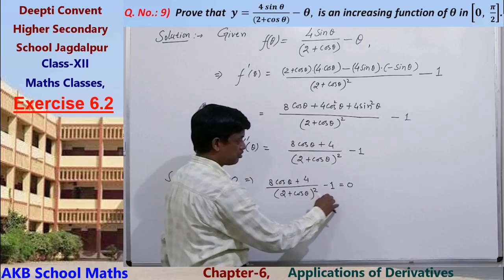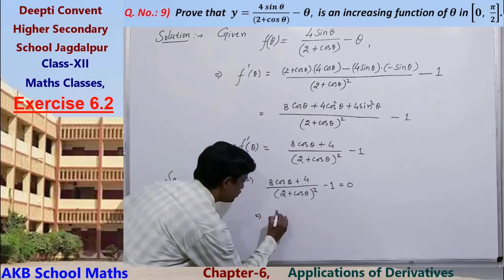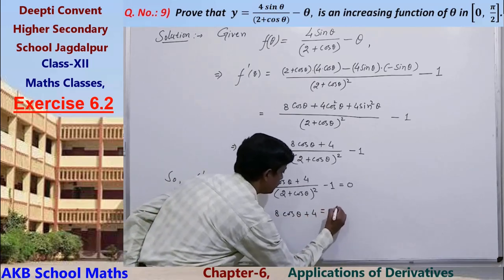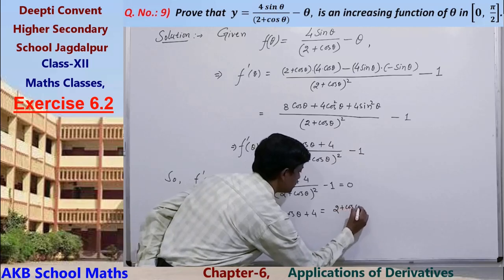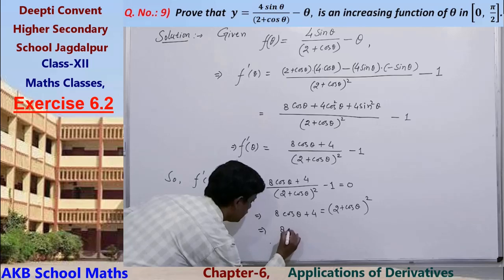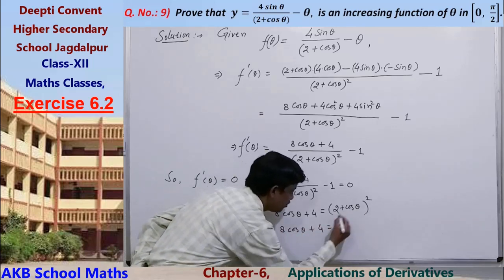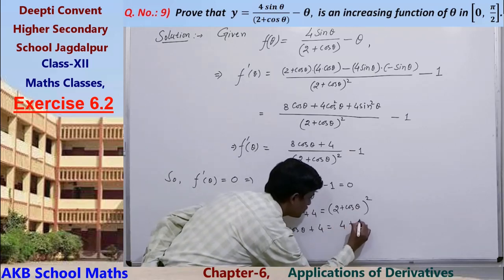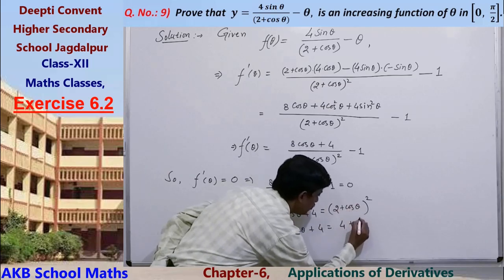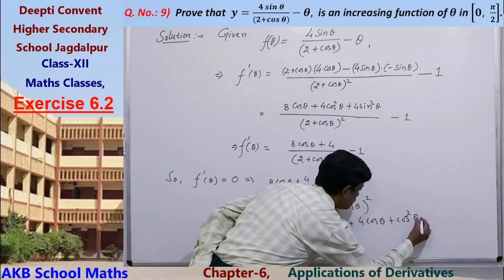So take minus 1 on the right side and then cross multiply. So 8 cos theta plus 4 equals 2 plus cos theta whole square. Now break it. 8 cos theta plus 4 equals a plus b whole square, that is 4 plus 2ab, which means 4 cos theta, plus cos square theta.